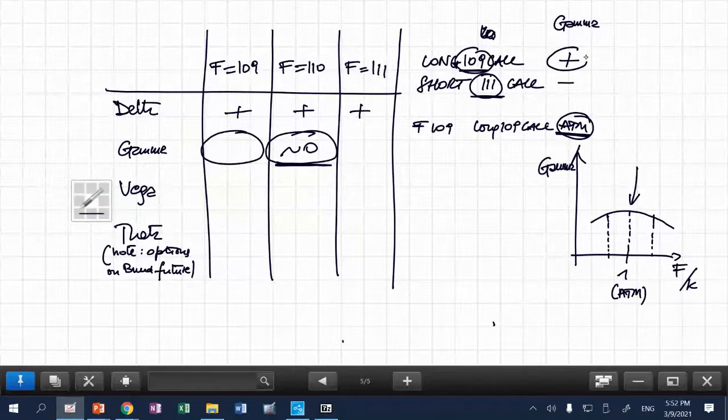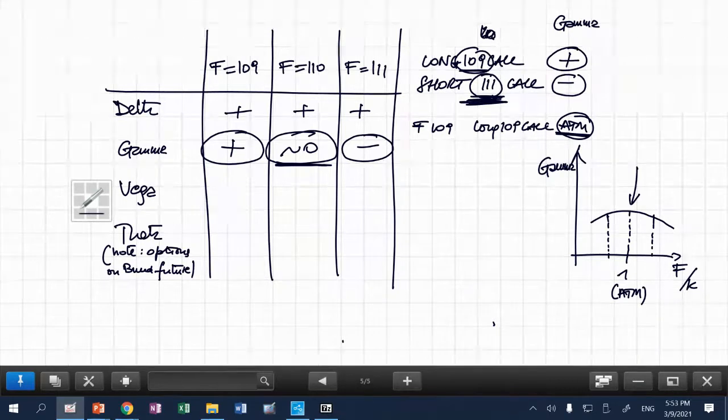Since the gamma of the at the money option happens to be positive, overall, you're going to be gamma positive here. Instead, if the future went up to 111, at 111, the short call would become at the money, and as a consequence would have the highest gamma in absolute value. And since the short call is gamma negative, then you would have a negative overall gamma. This is the intuition.